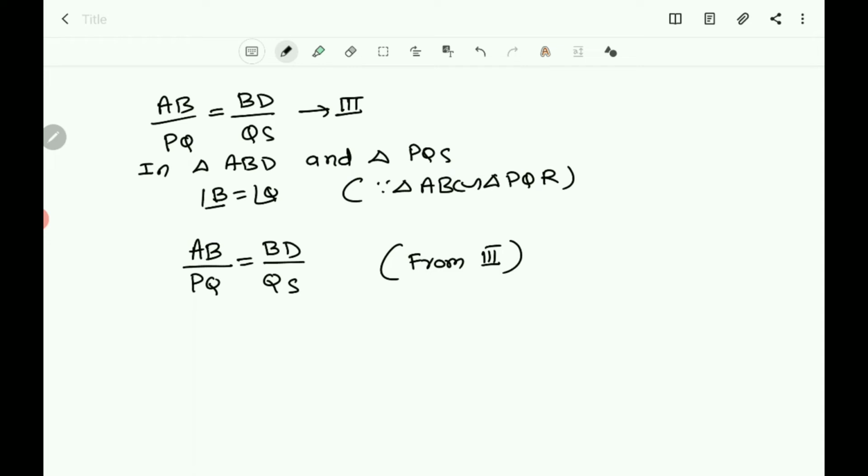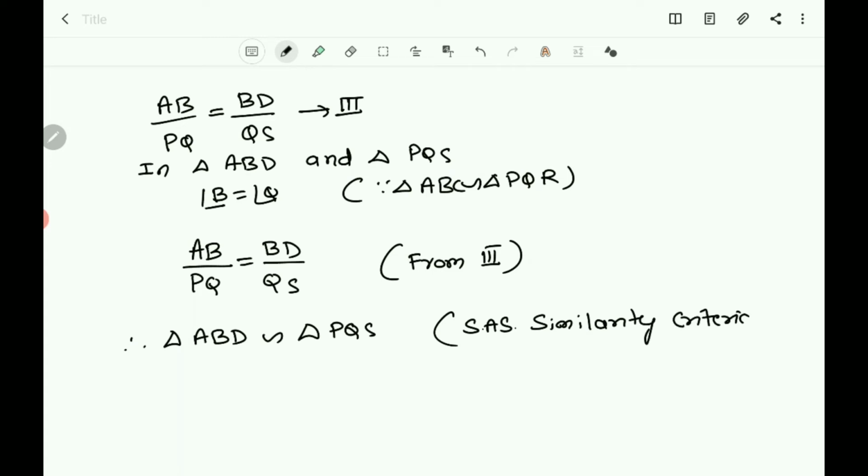Therefore, according to the SAS similarity criterion, the two sides are in the same ratio and the angles made by them are equal. Therefore, triangle ABD is similar to triangle PQS by the SAS similarity criterion.